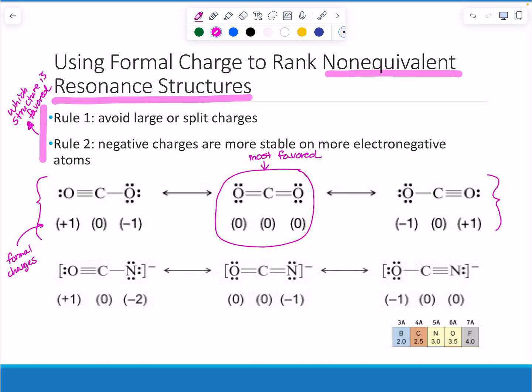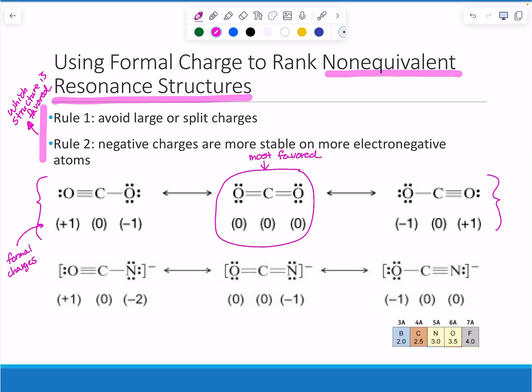So now let's look at this anion that's shown on the bottom, the OCN. This is a molecule that happens to have the same number of electrons as carbon dioxide. Every molecule shown on this slide has the same number of electrons, but we've got different atoms, so the nuclei are different, same number of electrons.